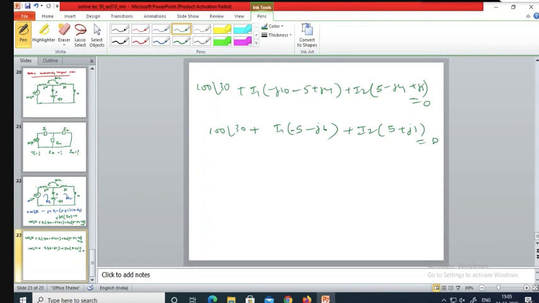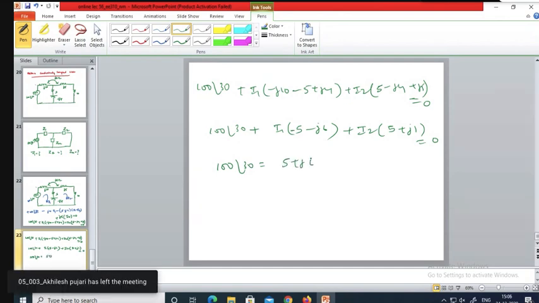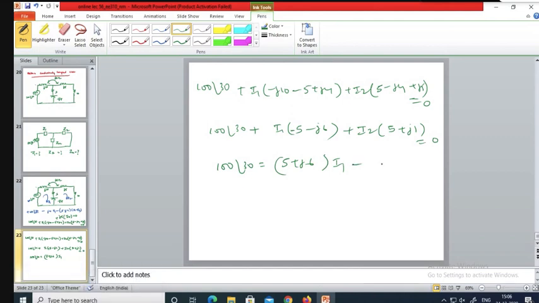Okay, so this is how you can get the first part here. And you transfer this on to the right hand side. So it is 100 angle 30 is equal to 5 plus J6 into I1 and minus 5 plus J1 into I2. This is one equation.